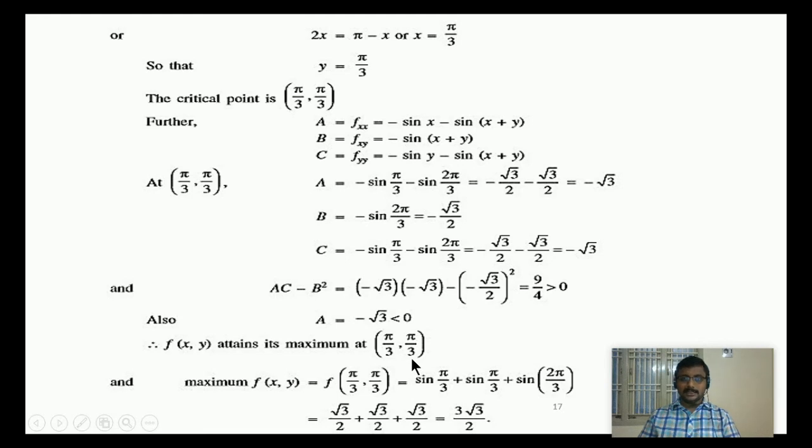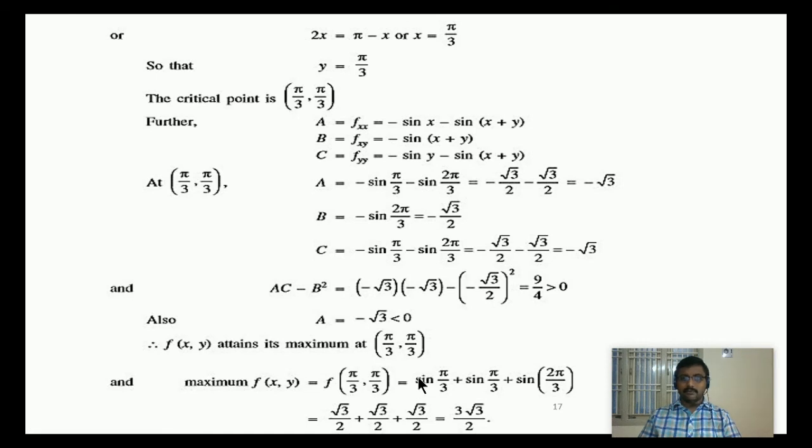in the given expression. The given expression is sin x plus sin y plus sin of x plus y. Putting x equal to pi by 3 and y also pi by 3, we will get sin pi by 3 plus sin pi by 3 plus sin of 2 pi by 3. But sin pi by 3 means sin 60 degrees, root 3 by 2. Sin 2 pi by 3 means sin 120 degrees, that is sin of 90 plus 30. 1 is an odd number, so we can write cos 30 degrees.